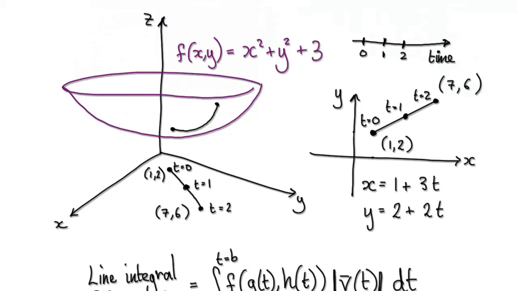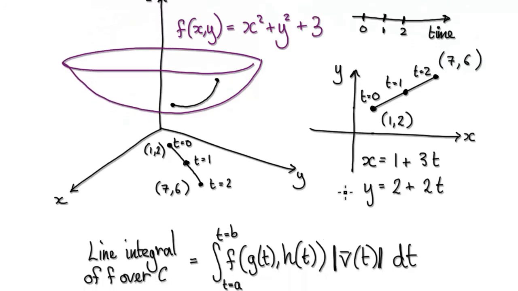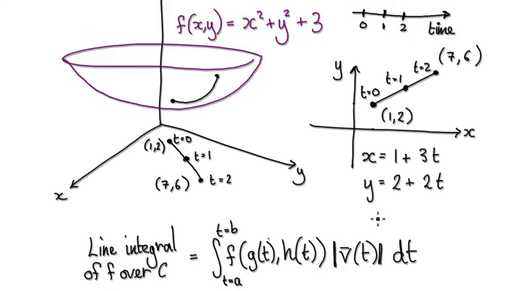So what this is saying is, put the x and y location all in terms of time into the surface, and then in order to work this out, we've got to work out the speed. This is the magnitude of the velocity.